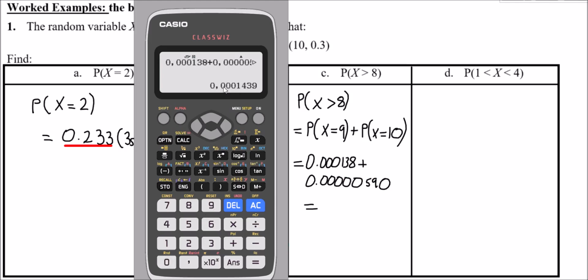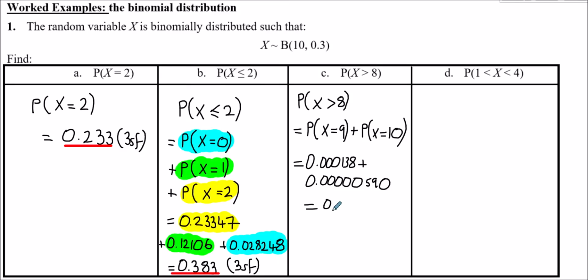We get this, and now we can round this to 3 significant figures, so we get 0.000144. And we can round that, because that was given to 3 significant figures. So it's about 0.01% chance of happening. Very, very unlikely to happen indeed.